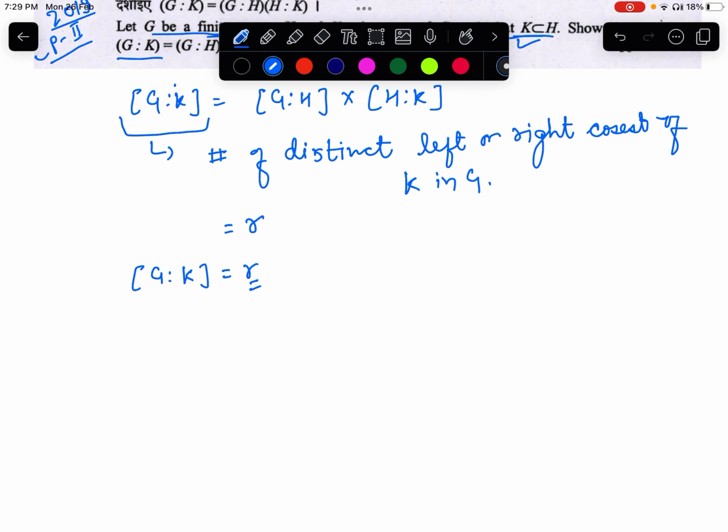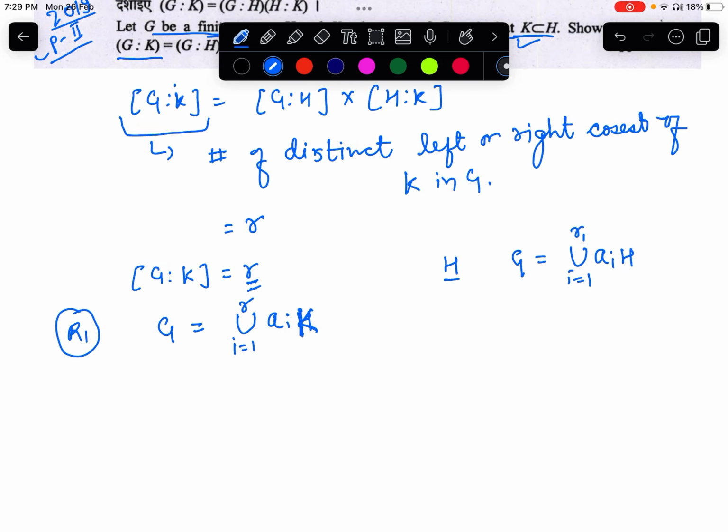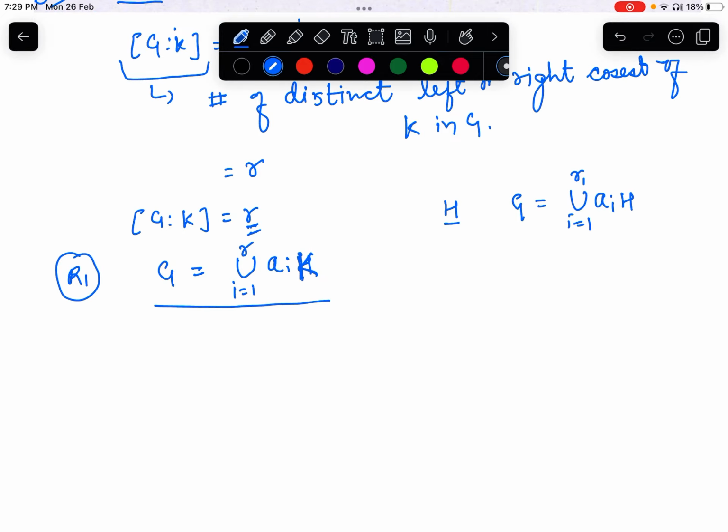We will also use a result, result R1, that G can be written as the union of distinct left cosets A_i K, for i equal to 1 to R. Or if the subgroup is H, then G can be written as the union of distinct left cosets of H, where i goes from 1 to R1. So this is how G can be written.